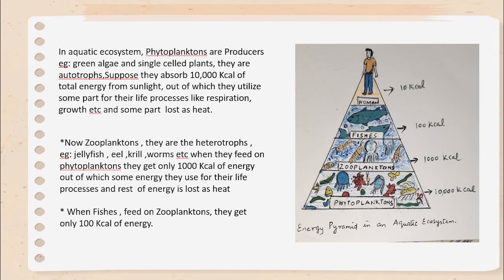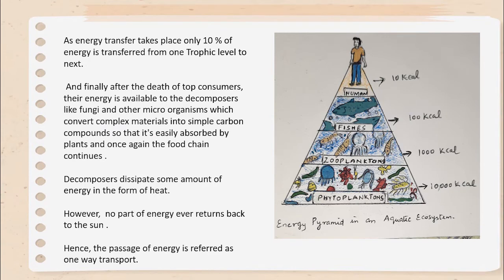Now, the fishes which feed on these zooplanktons get only about 100 kilocalories of energy. And when human beings, the top consumers, feed on the fishes, they get only about 10 kilocalories of energy from the fishes. That means only 10% of energy is transferred from one trophic level to the next.